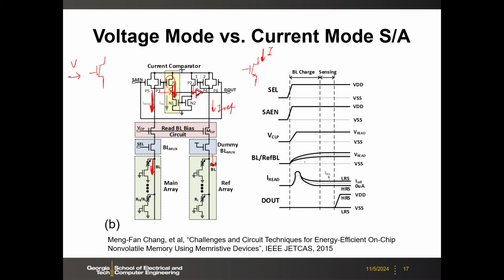Depending on the current, high or low, you are going to charge up the bitline differently. But the bitline voltage eventually will reach this clamp voltage, which is your V read. I mean, it should be close to your V read.